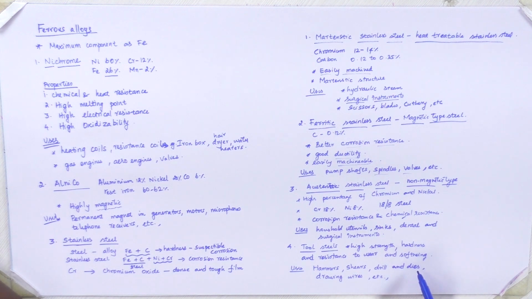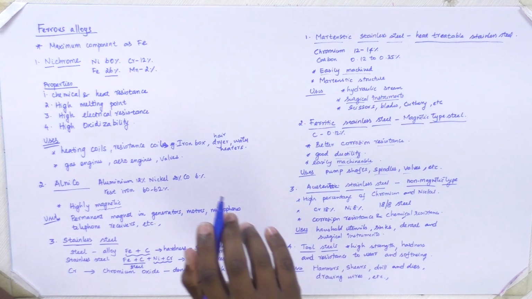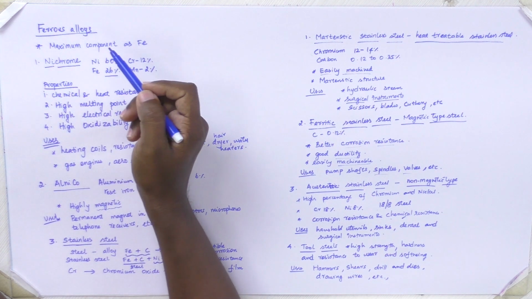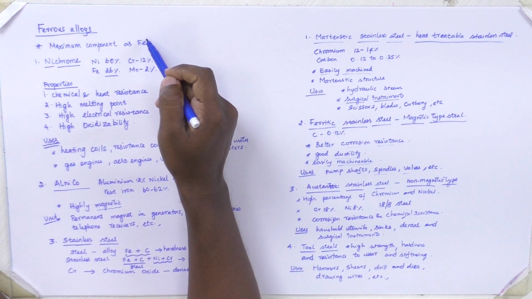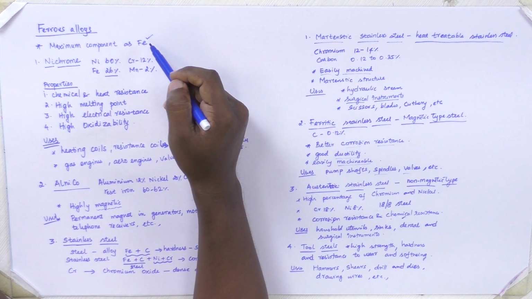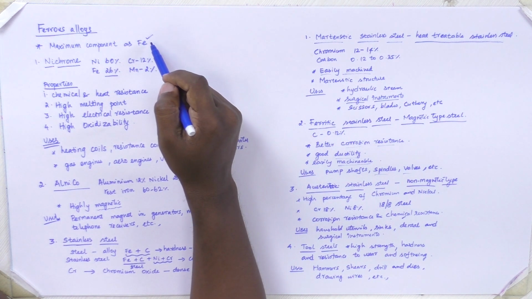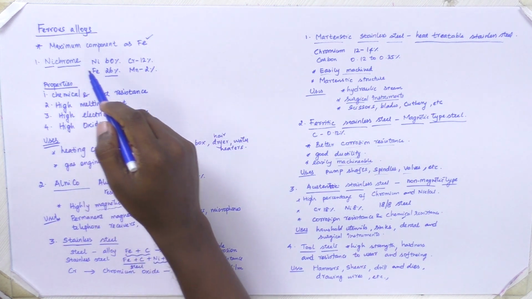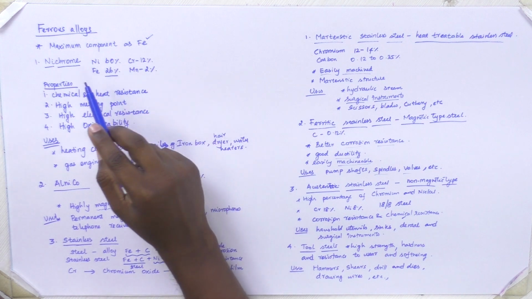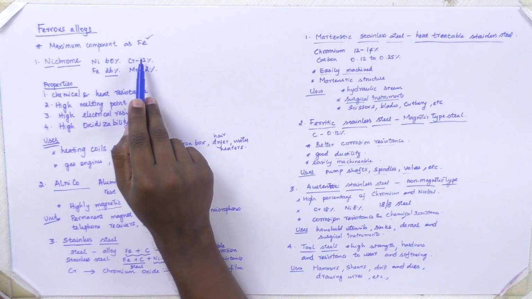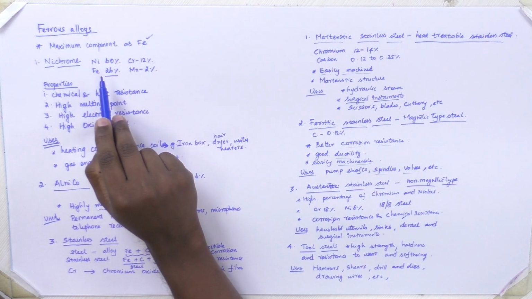wires and making dies. So in today's lecture we discussed what is a ferrous alloy, which is the alloy which has the main component as ferrous, or the maximum quantity of ferrous in that composition. And we discussed three different ferrous alloys, starting from nichrome, and in nichrome we have nickel and chromium apart from iron.